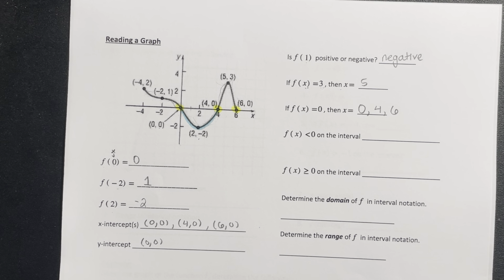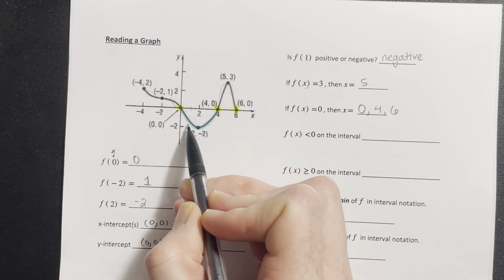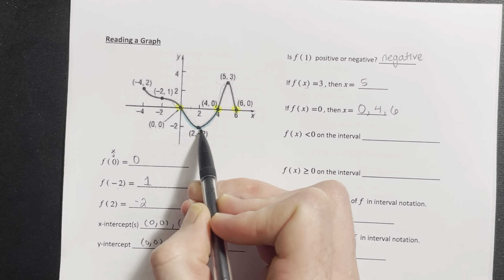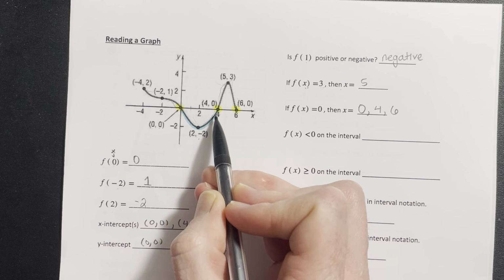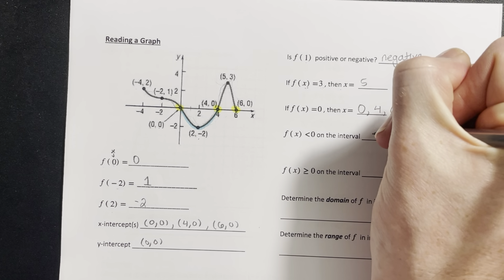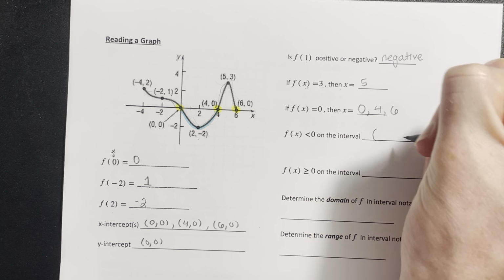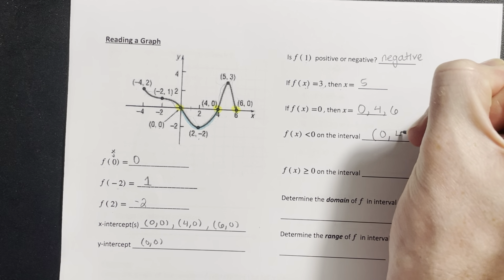Now we're describing the x values of the function, and those x's are between 0 and 4. All of the outputs for those x's will be less than 0. So I'm going to put 0 to 4 here.